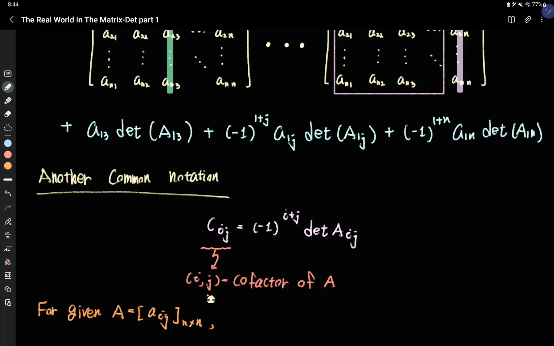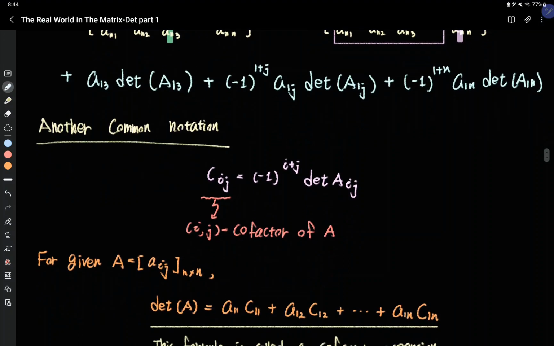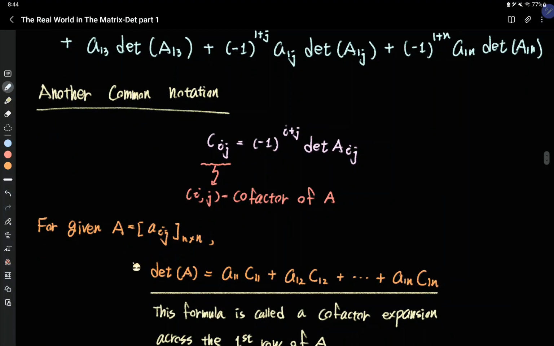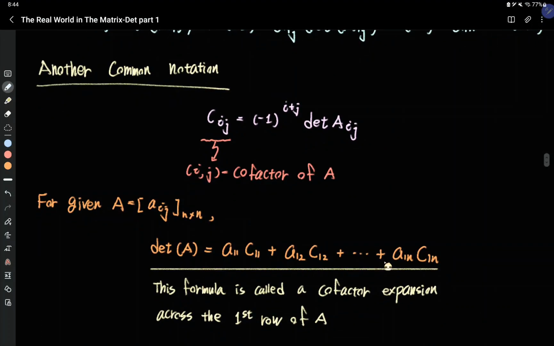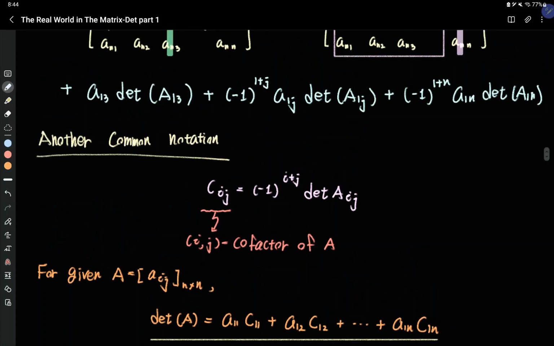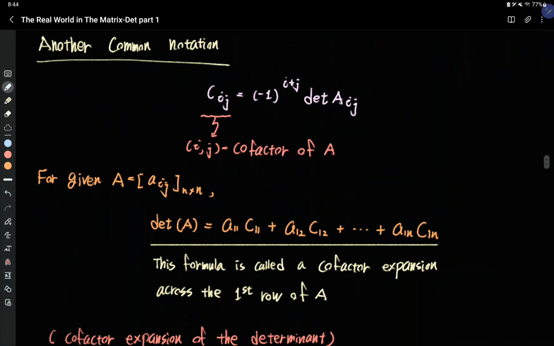That's the i, j cofactor of matrix A. Here i is the row index, j is the column index. So for a given n by n square matrix A, the determinant of A can be expressed like this, a short expression of the determinant. This formula is called the cofactor expansion across the first row of matrix A.